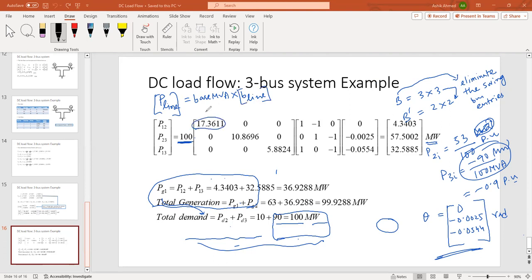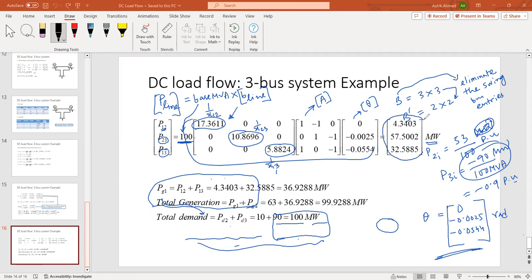This is 1 upon x12, this is 1 upon x23, and this is 1 upon x13. So that is B line. This is base MVA, this is the A matrix, and this is the theta vector. This is the explanation of all these entries. You solve it and find the megawatt line flow through your 3 lines.